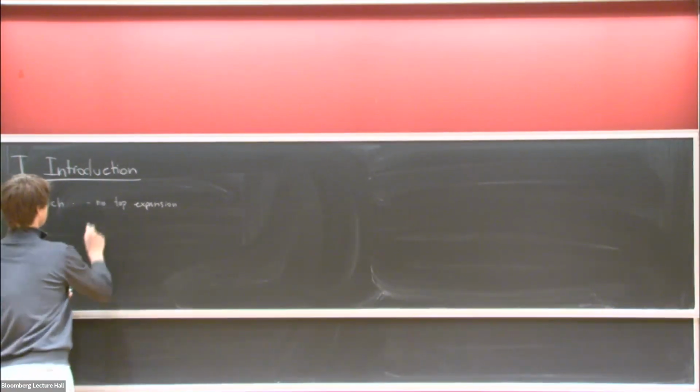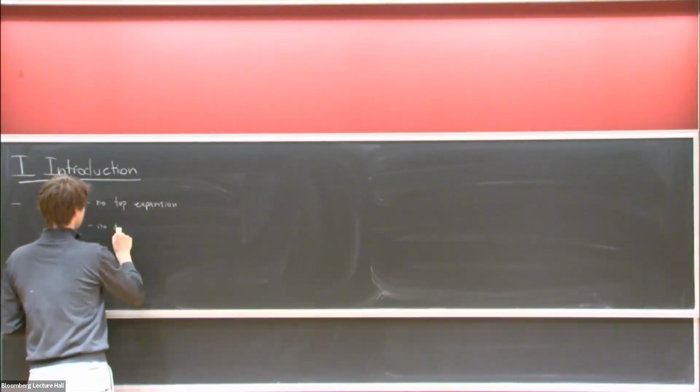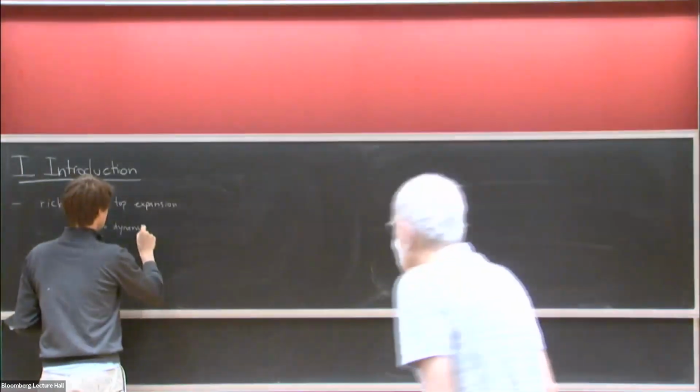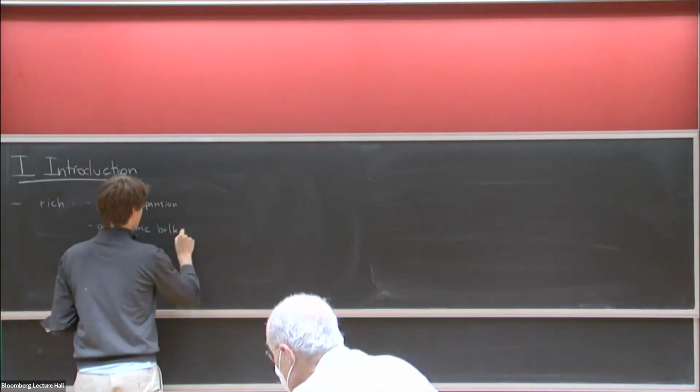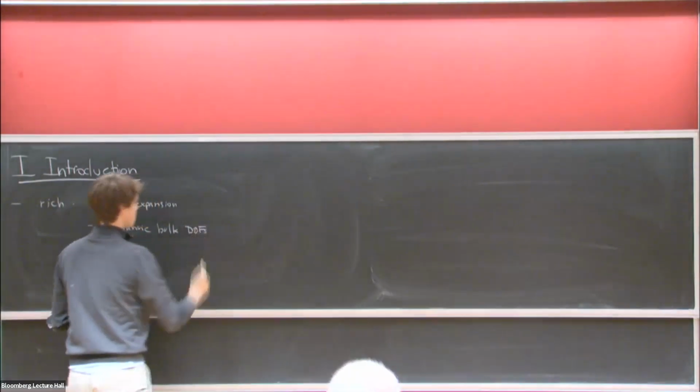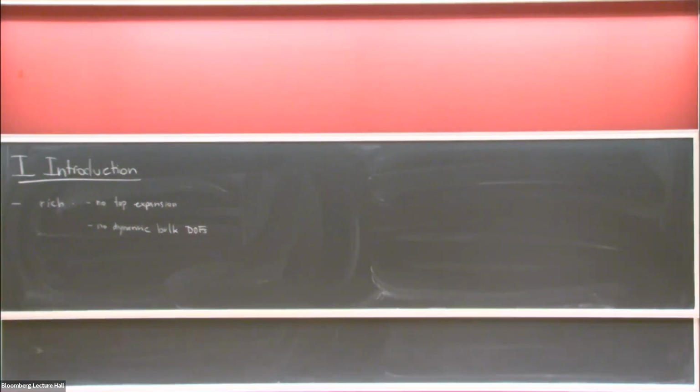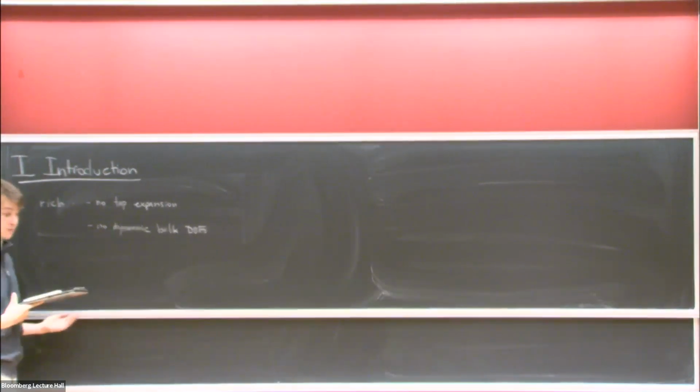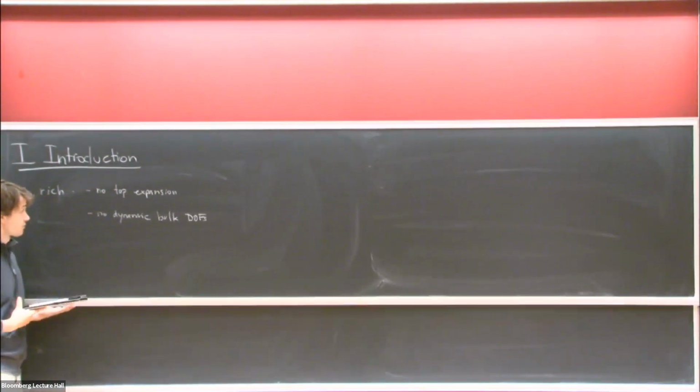But in 3D, we still have no dynamical bulk degrees of freedom. In some sense, the theory is still topological. We only have boundary gravitons to deal with. So it's still much simpler than 4D.